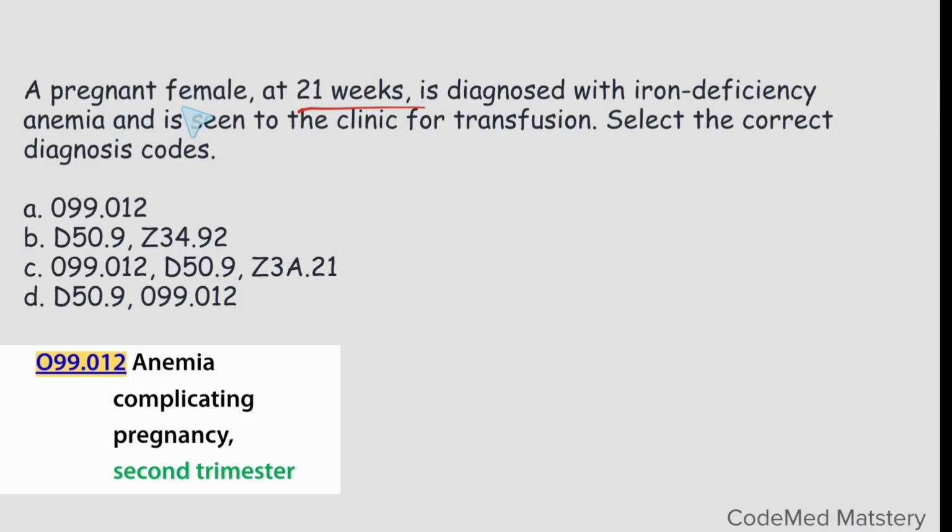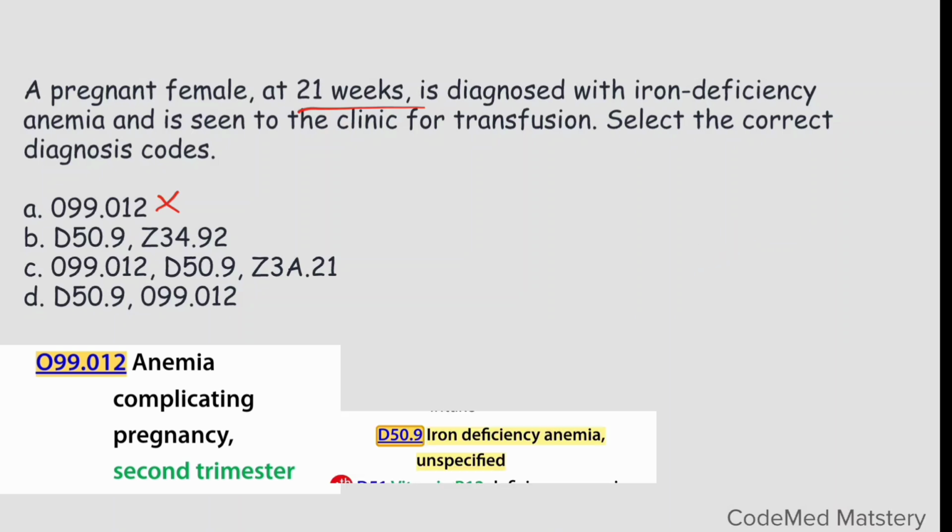But according to the scenario, a pregnant female is diagnosed with iron deficiency anemia. So we have to use an additional code to specify the condition. So we'll eliminate option A because they have mentioned only O99.012. In option B, D50.9 is for iron deficiency anemia unspecified, but they have mentioned D50.9 with Z34.92.